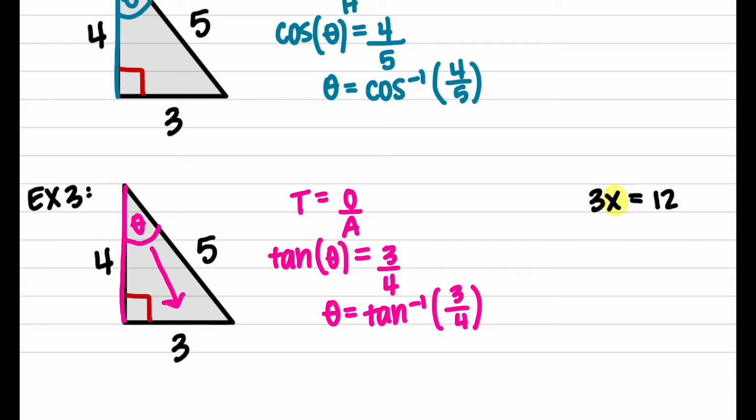So if I have 3 times x, I have to do the opposite of multiplication. I'd have to do division on both sides. So when you do inverse operations, that item always goes away. So we get x equals, right? So using inverse operations with trig ratios is the same idea as using inverses with any equation in general. Once you use the inverse, it goes away on one side.